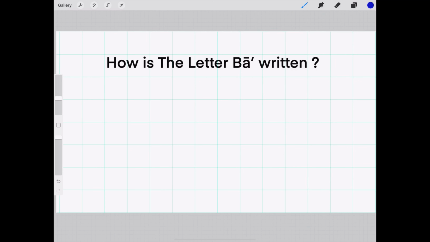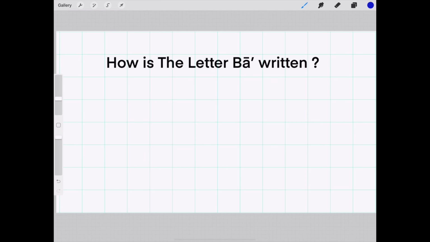And make sure you have the right brush size. I'll choose 15%. And for the opacity, I'll keep the opacity at max. So make sure you have these parameters checked every time you practice on the Procreate app.